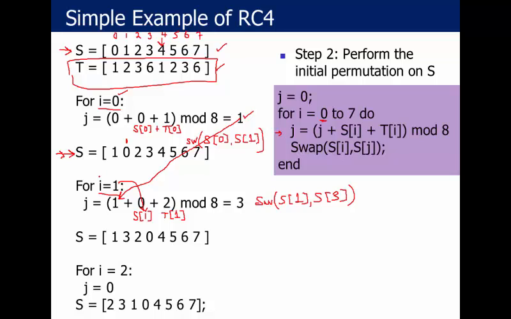So S1 is this, S3 is this. So they will be swapped. Therefore, we will have a new S. So these are swapped, therefore 1, 3, 2, 0, and that. So we are done with the case I equals 1.